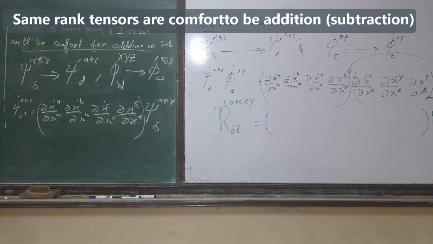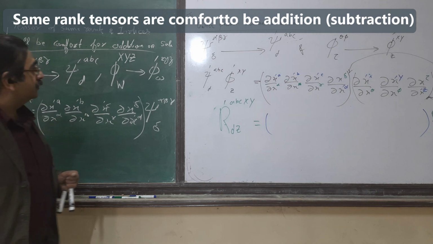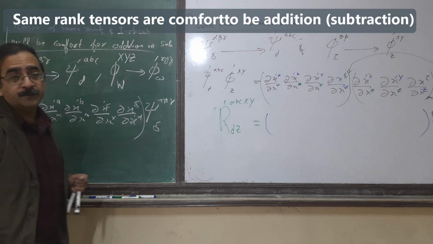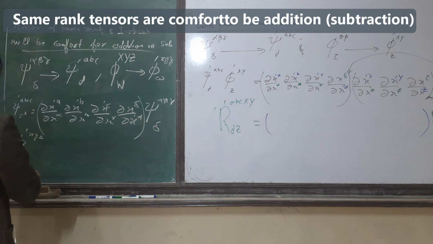May we add? Are these comfortable to add or not? The question is this. Let's check. Phi is equal to x, y, z, and this is sigma.